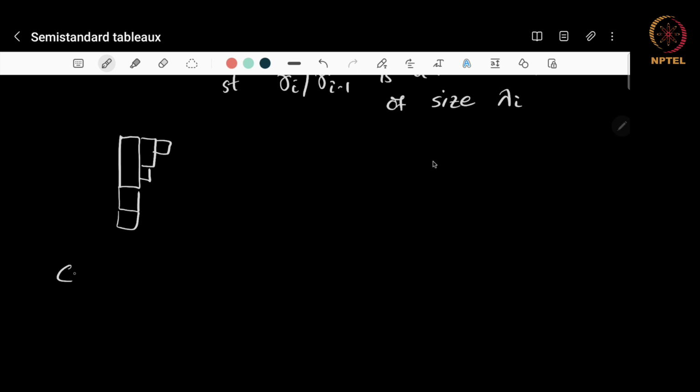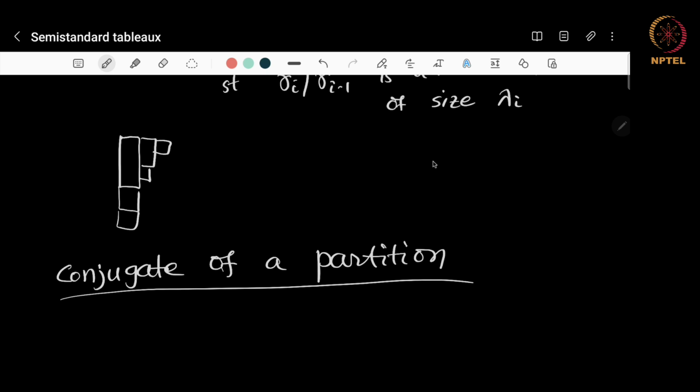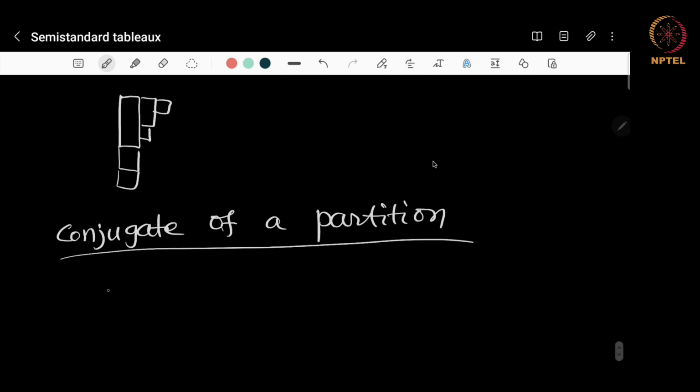So let me quickly tell you what the conjugate of a partition is. If I have a partition lambda 1, lambda 2, up to lambda L, the conjugate is the partition obtained by interchanging rows and columns. Let's do it by example. This shape has rows of 5, 3, 2 boxes, so lambda is 5, 3, 2.